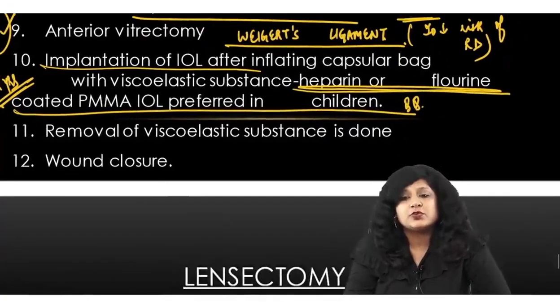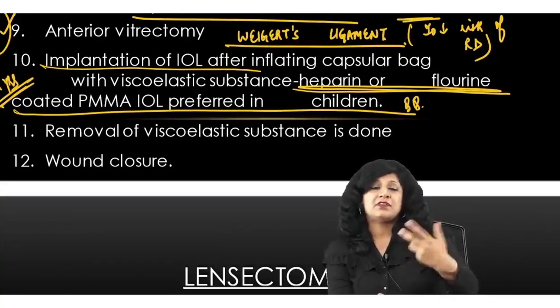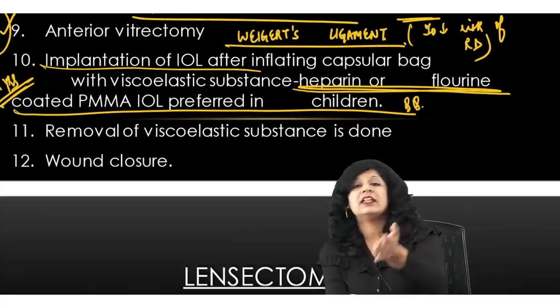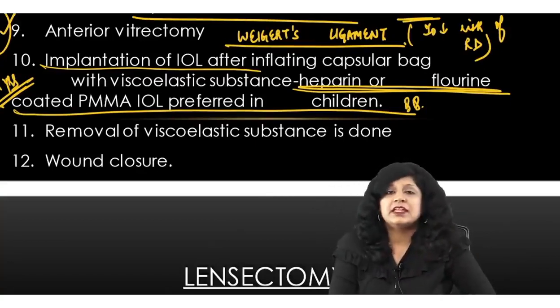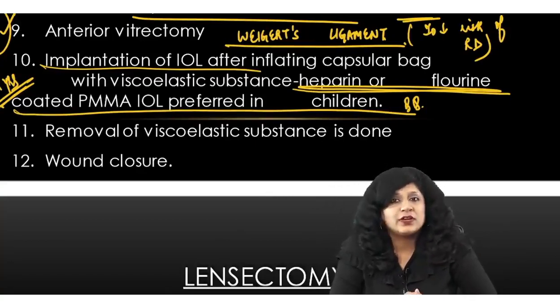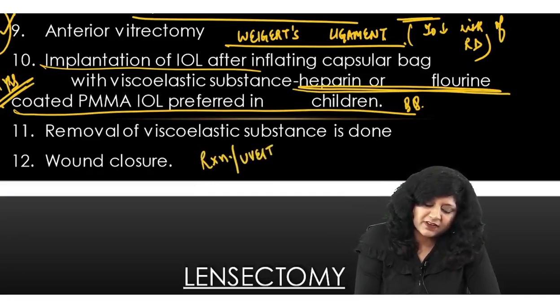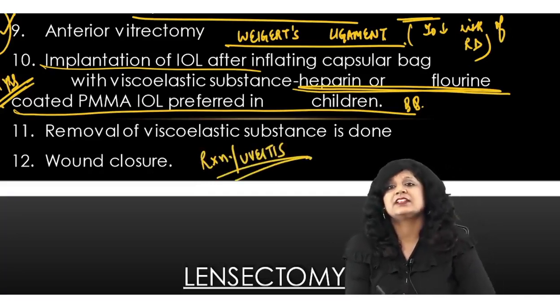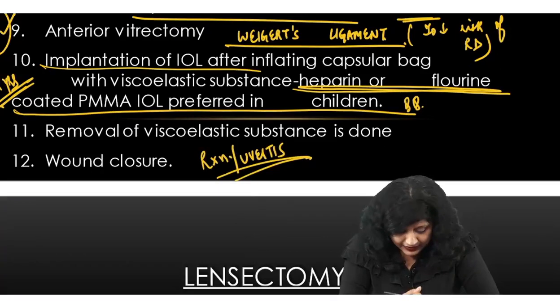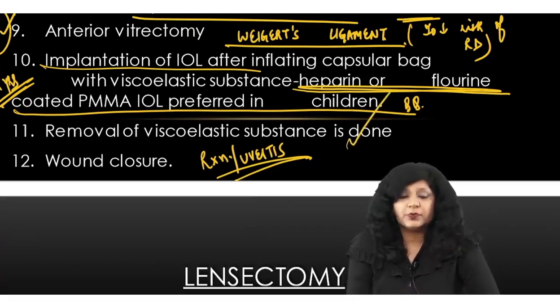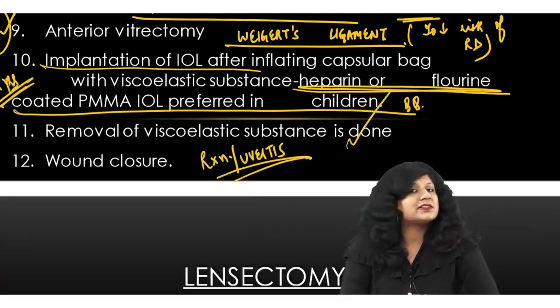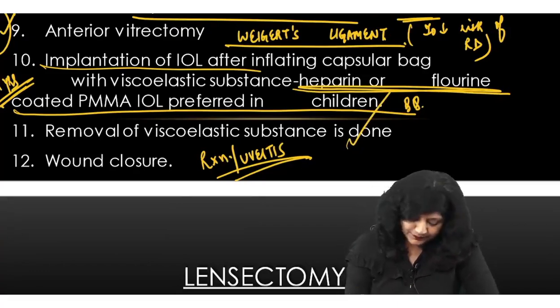So if you have a situation where you feel you have to give the IOL, then give the heparin coated or fluorine coated IOL, because in children the chances of reaction or uveitis are very high. And then again same thing, you remove the viscoelastic substance and close the wound.